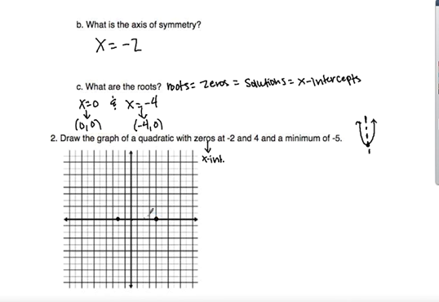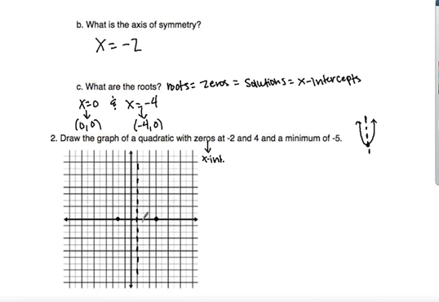Now, if there's 6 places and I have an axis of symmetry that splits that parabola into 2, that means I can divide that 6 by 2 and get 3. So from the root, I'm going to go 1, 2, 3 over, and that's where my axis of symmetry is going to be. And remember that on your axis of symmetry is your vertex. So now that I know my axis of symmetry is here, I know I can put my minimum at -5.